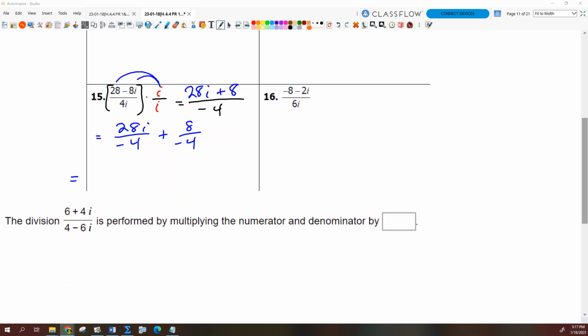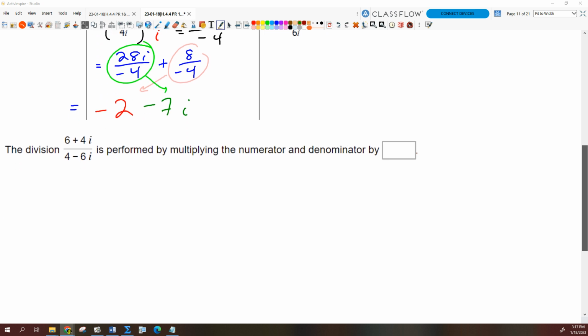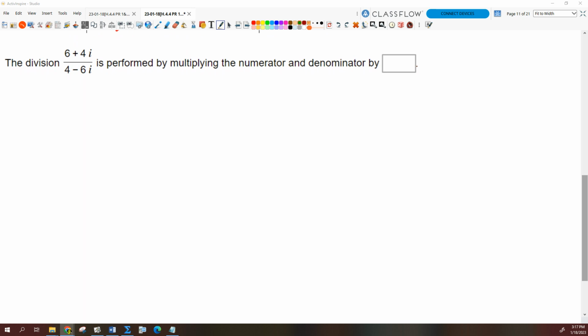So we would write this as -2, and then the imaginary part would be second. So 28 divided by -4 is -7i. There's our answer. Okay, make sense?